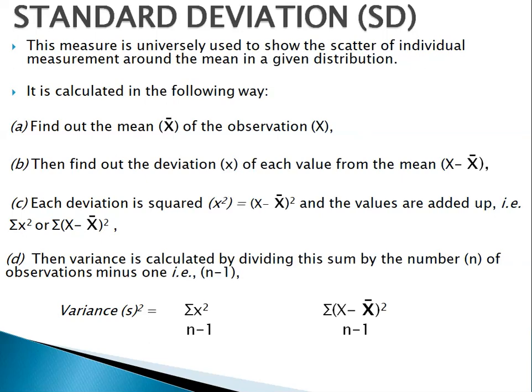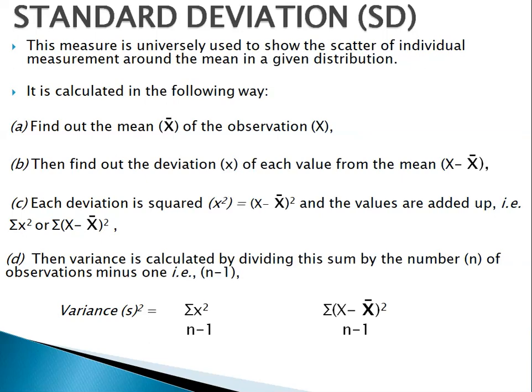Find the deviation of each value from the mean, which is determined by the formula x minus x bar. Each deviation is squared, that is, the square of x minus x bar, and these values are added, for example summation of (x minus x bar) squared.